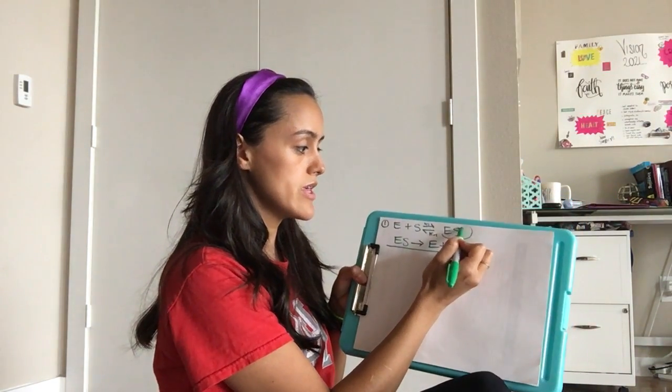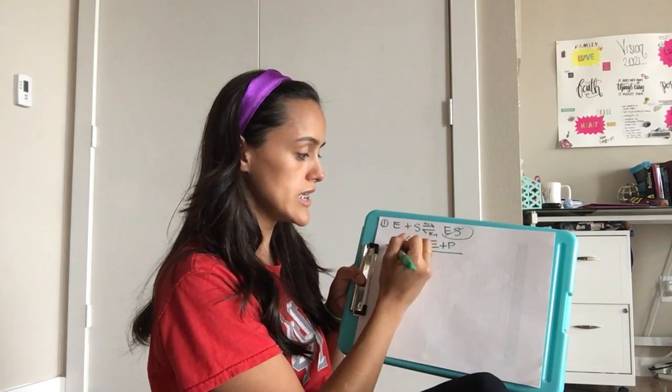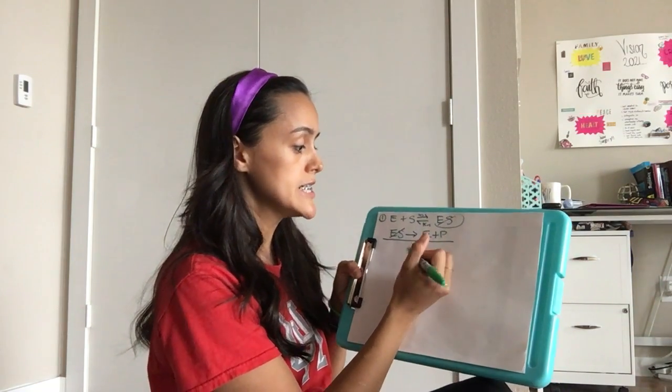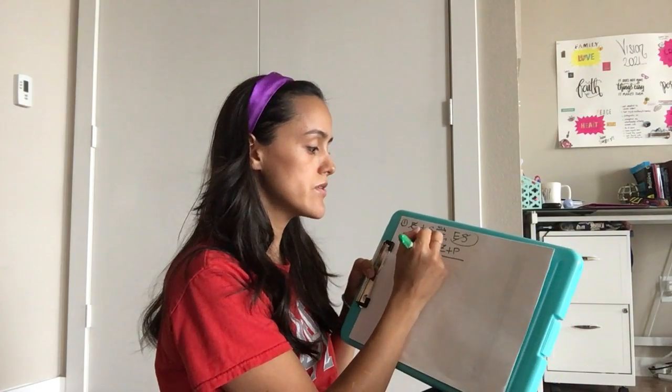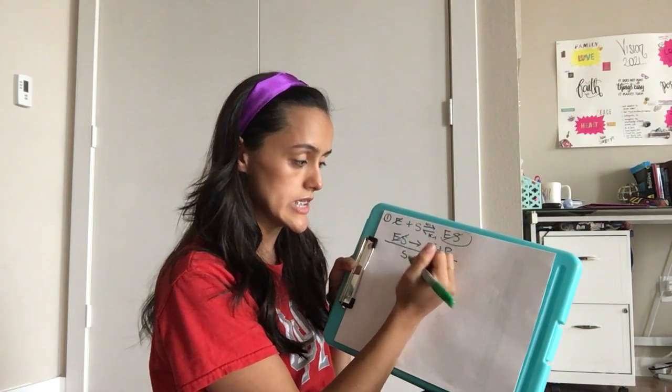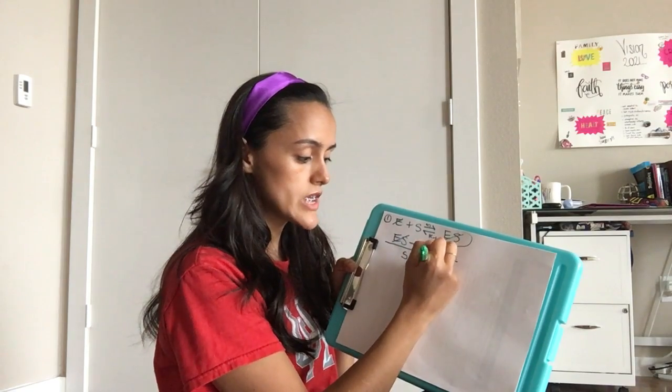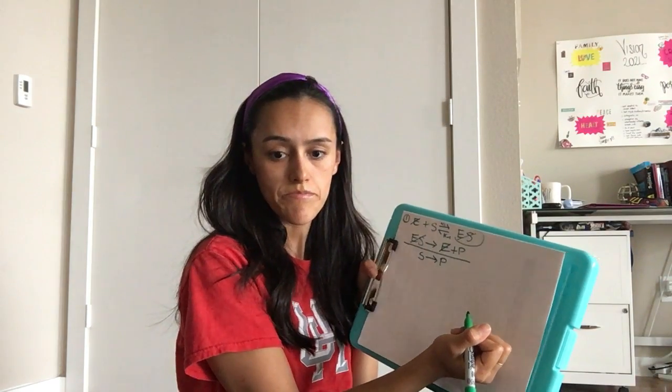So we have the ES complex and the ES complex cancel out. The E and the E cancel out, and we are left with the substrate giving us a product.